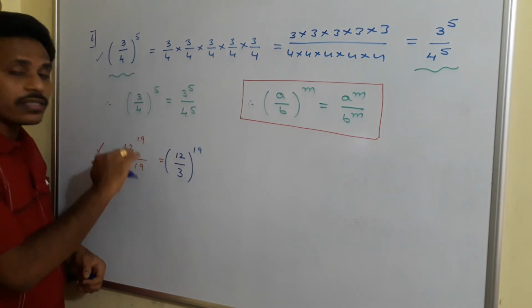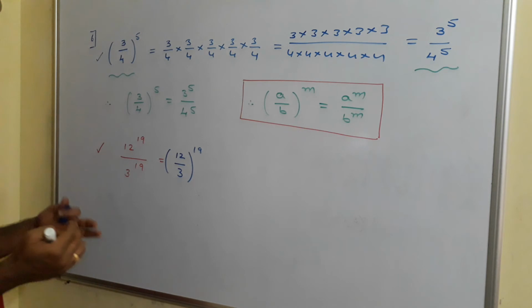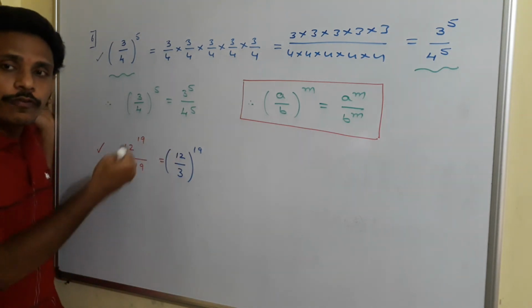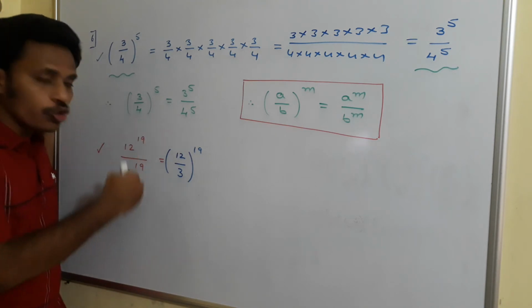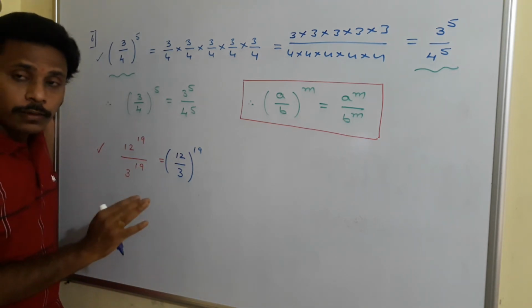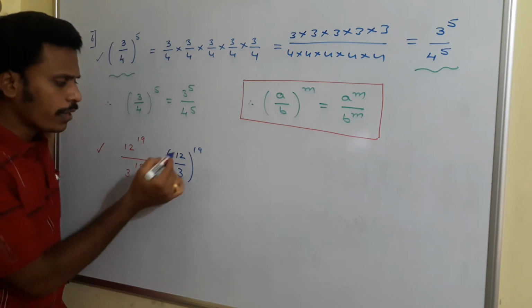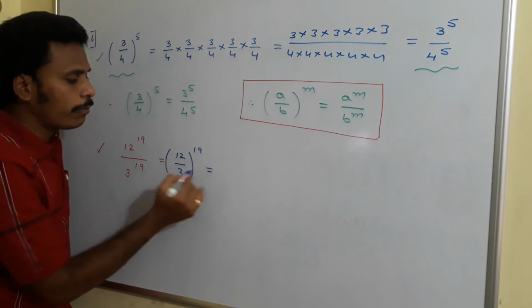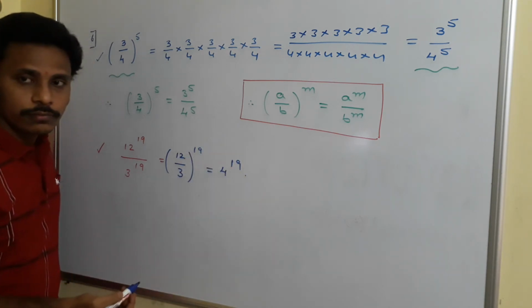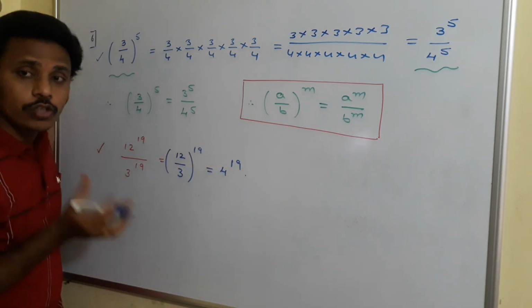You just collect this 19. Collecting this power is possible for the numerator by denominator form as well as for the product, not for addition and subtraction. 12 by 3 to the power 19. 12 by 3 is simply nothing but 4, and 4 power 19 is your answer. You just stop there. 4 power 19 is your answer.